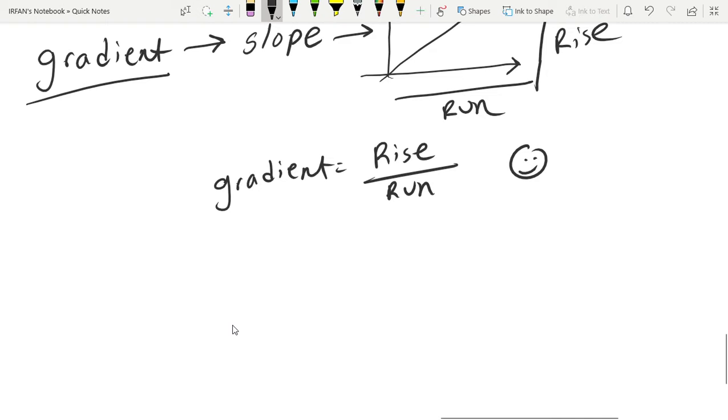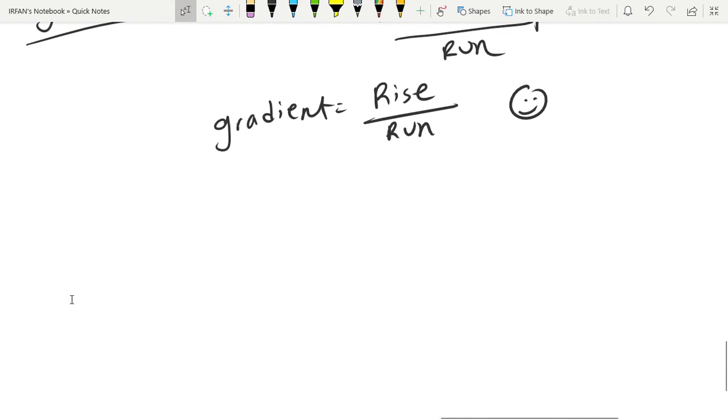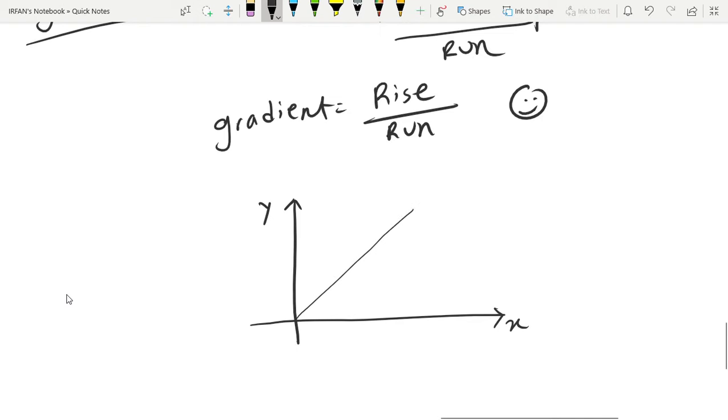Okay, that's easy, but we cannot do maths with this. So if you notice, this is a graph where this is the y-axis and this is the x-axis, and for example this is our straight line. So this is our rise and this is our run.